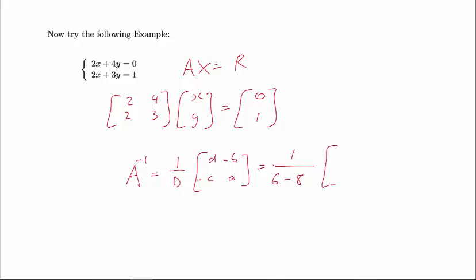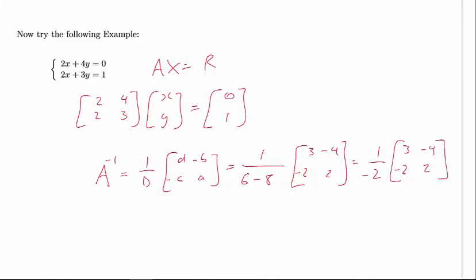And then over here, just simply rearranging the 3 and the 2, and then the negative 2, negative 4. All right, 6 minus 8, that's going to be negative 1/2. And the rest of the matrix, of course, stays the same. Okay, so there is our inverse.